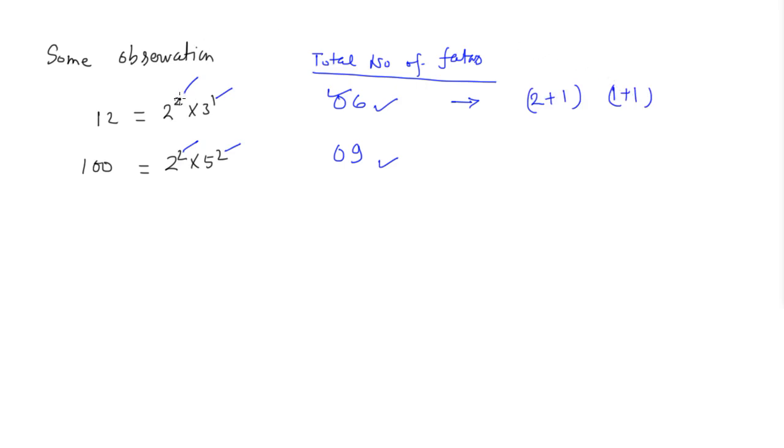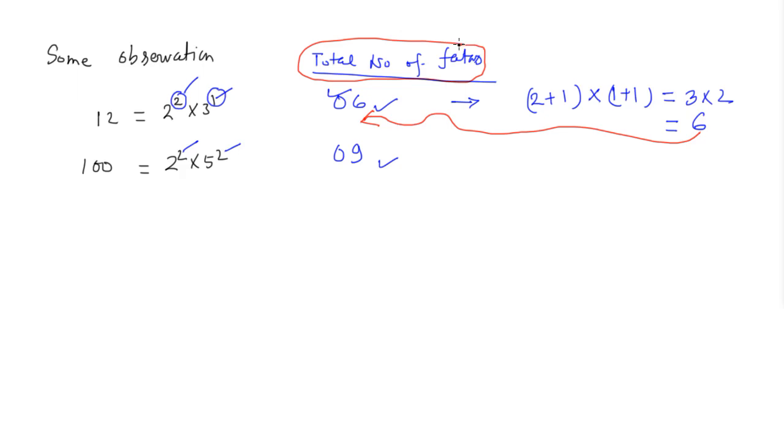If we calculate the product of these quantities, this will be 3 times 2, which is 6. We observe that the product of successors of exponents equals the total number of factors of the given number.